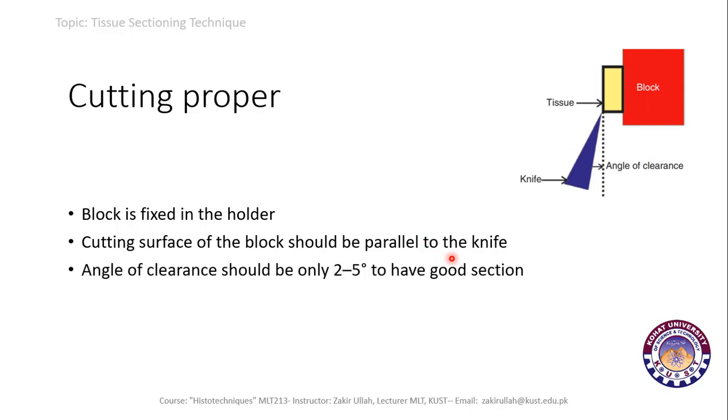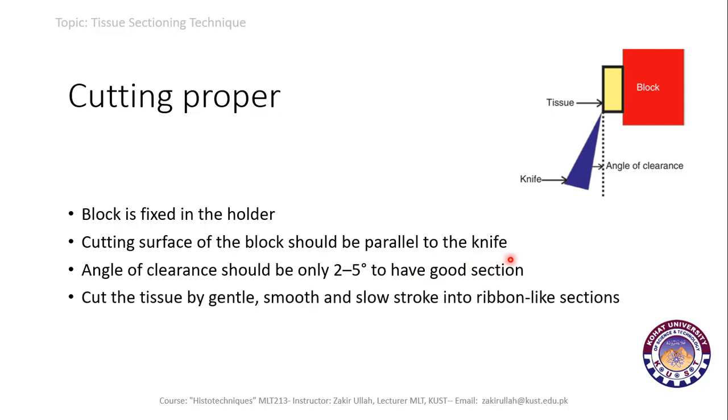The angle of clearance should be only 2 to 5 degrees to have a good section. Then after placing at a good angle, cut the tissue by gentle, smooth and slow strokes into a ribbon-like section, just as we discussed and saw in the last picture.